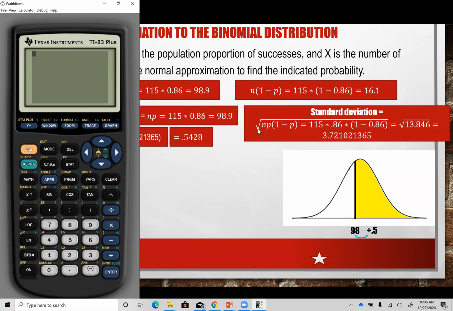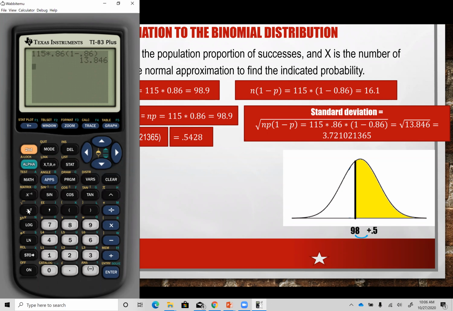Okay, I see. To find the standard deviation, for us we have 115 times my p, which is 0.6, and my 1 minus p is 0.4. So that's 115 times 0.6 times 1 minus 0.6, and then you take the square root of that.